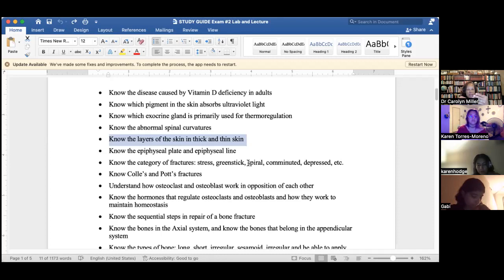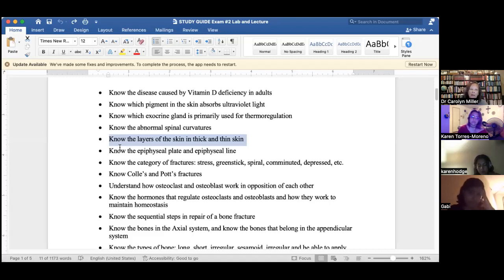So in skin, there'll be a model on one of these exams. Name the layers of the skin. It's the epidermis with either 4 or 5 layers. Then it is the papillary layer of the dermis, loose areolar tissue. Then it is the reticular layer of the dermis, which is dense, irregular connective tissue. Then we have the hypodermis, adipose.